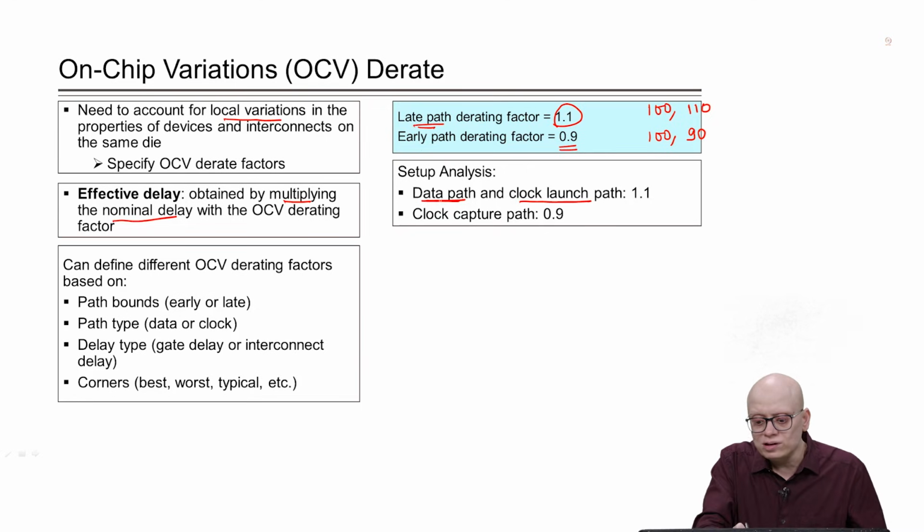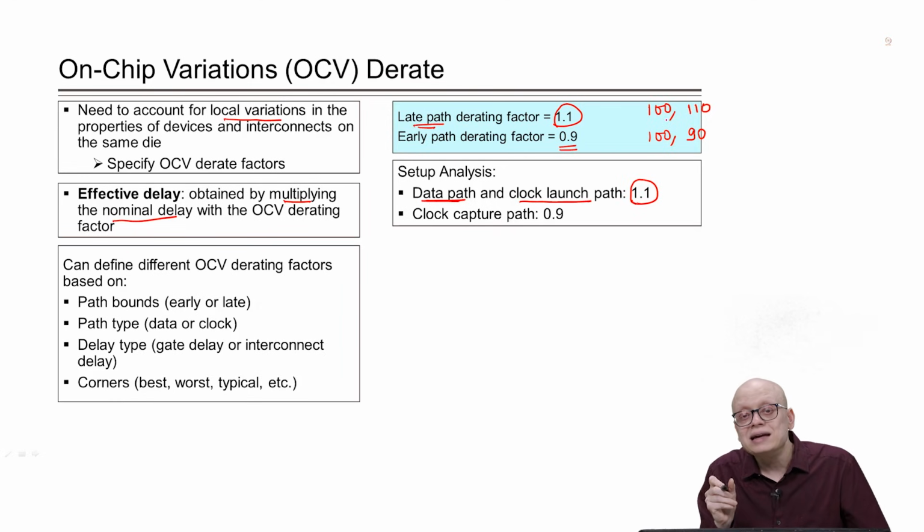Therefore, the data path and clock launch path are taken as late paths, and the derating factor of 1.1 will be applied. If there was an AND gate on the data path and its nominal delay was 100, then that AND gate's delay will now be taken as 110 rather than 100, multiplied by the derating factor of 1.1.